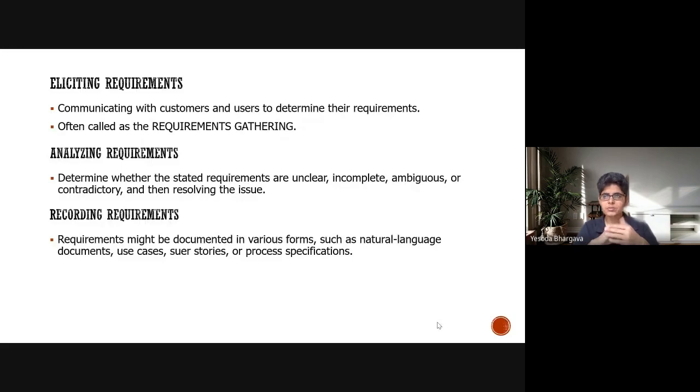Again, documentation is important because if you were to create a second version, you can always go back to the previous version and see where you are coming from. So merely gathering requirements is not sufficient. It is important, but what makes your journey smoother is the focus you put on analysis of the requirements and managing your requirements.